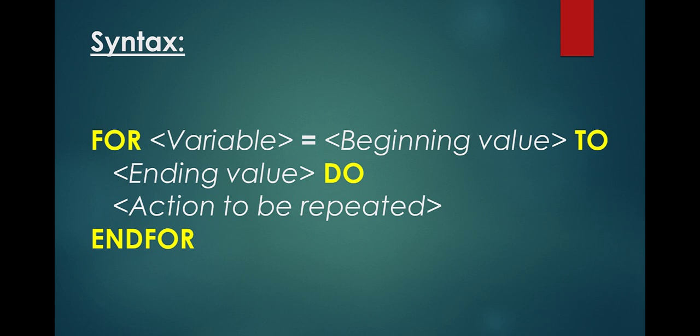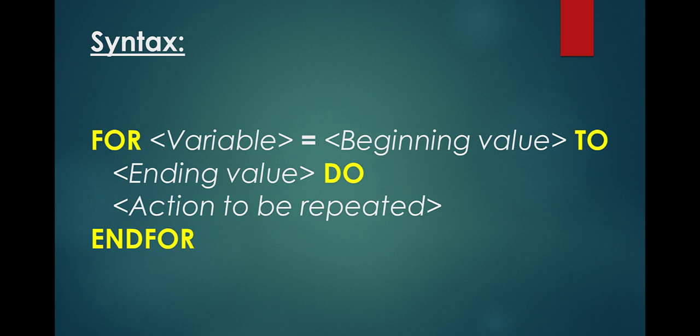After our for statement, we have a variable. This is the variable that will hold the value, basically we call it a counter. Every time we have an iteration, or a loop, the variable is incremented by 1.